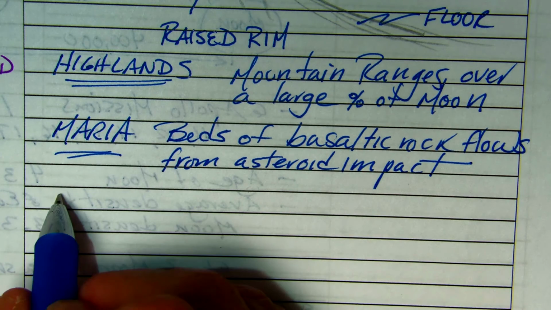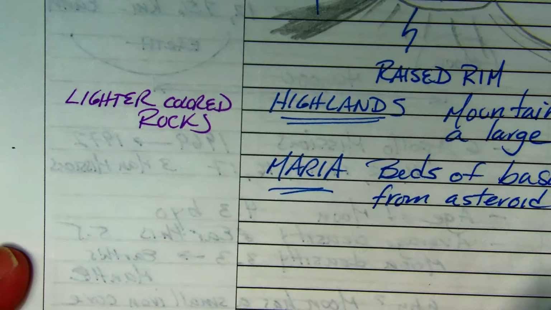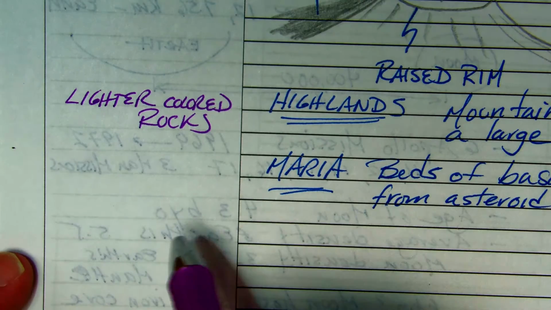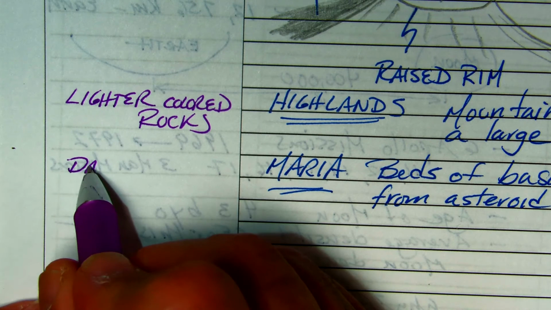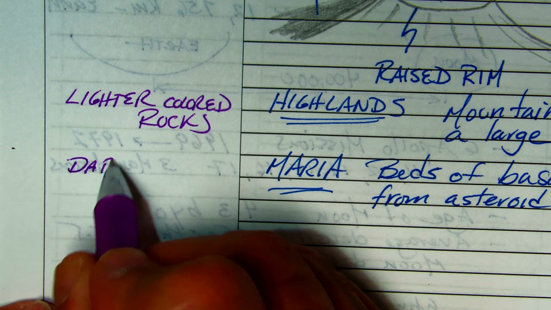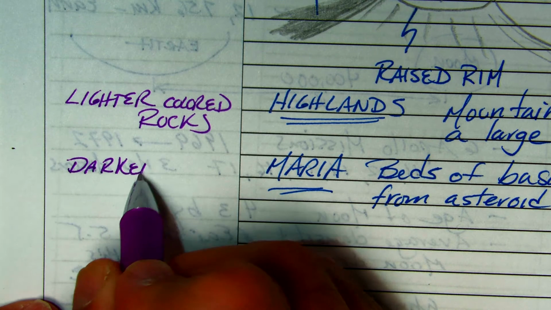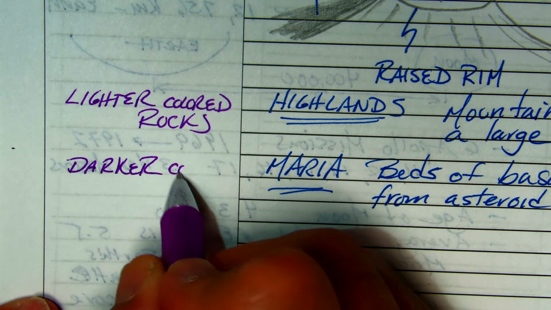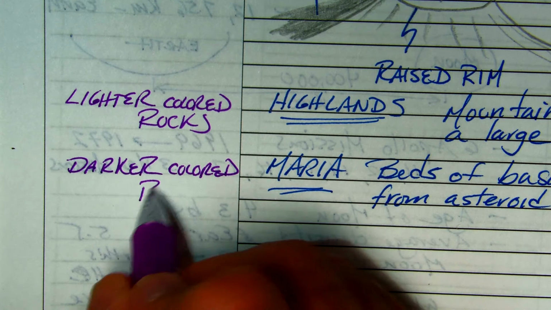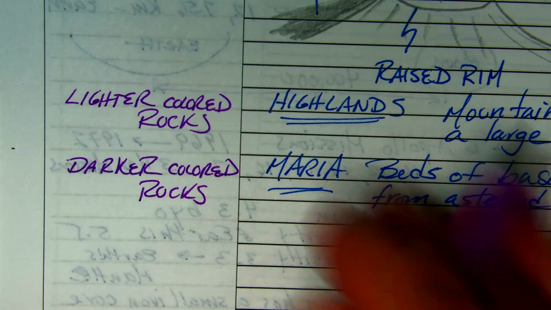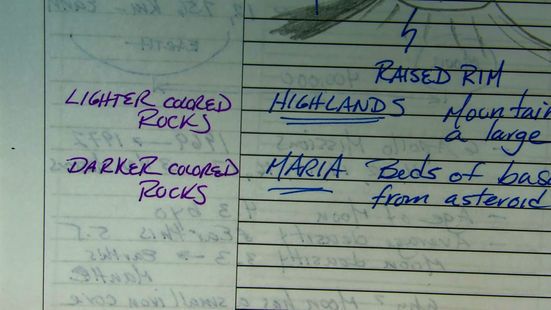Oh, one comment on the Maria, again on the side. Because of the basalt color, they are darker color rocks, which allows us to see the Maria easily, even with the naked eye. Darker colored rocks. So two types of rocks that we can easily discern and observe.